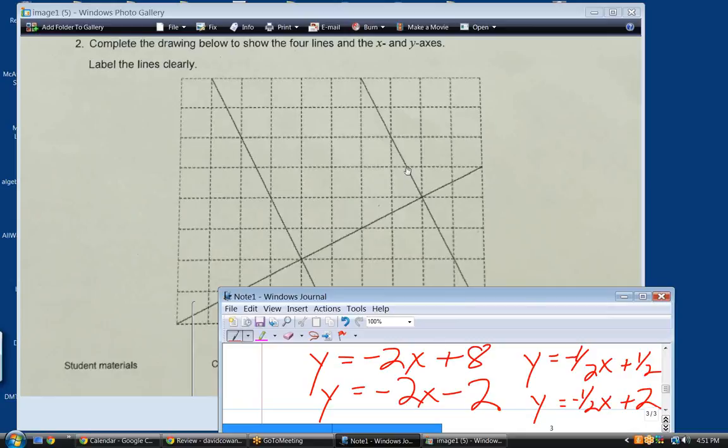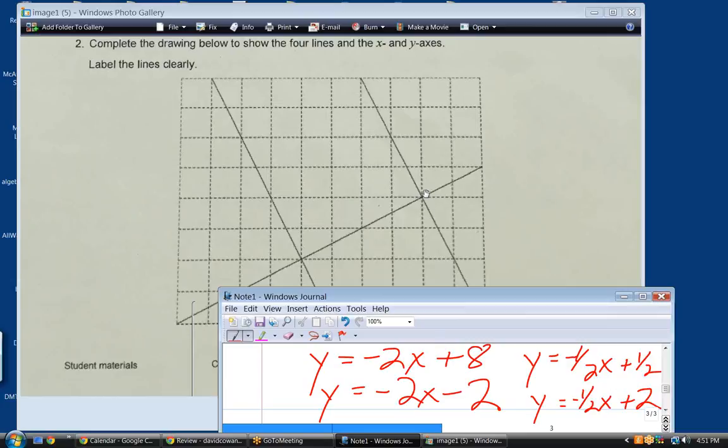Well, this line here has to be this top one relative to the bottom one. The only reason I know that is regardless of where I put the y-axis there, the line on the left hits it at a lower spot than the line on the right, correct? Yeah. Okay. So we know that this line is this equation.